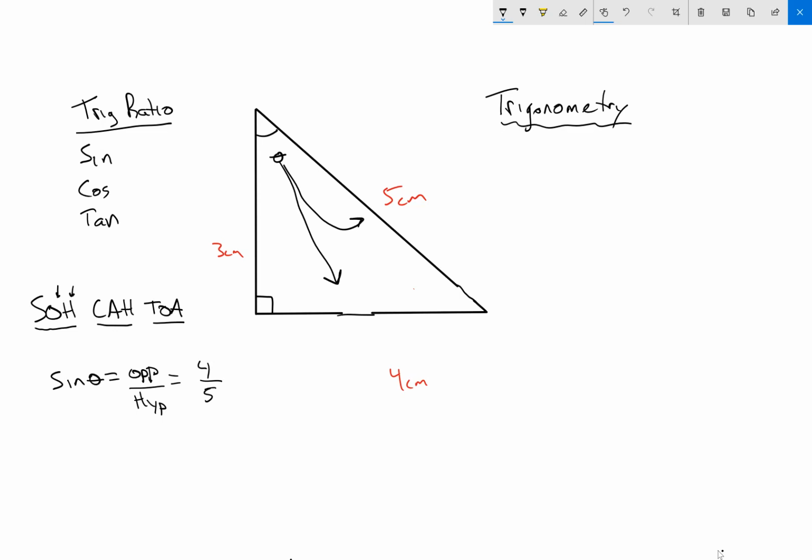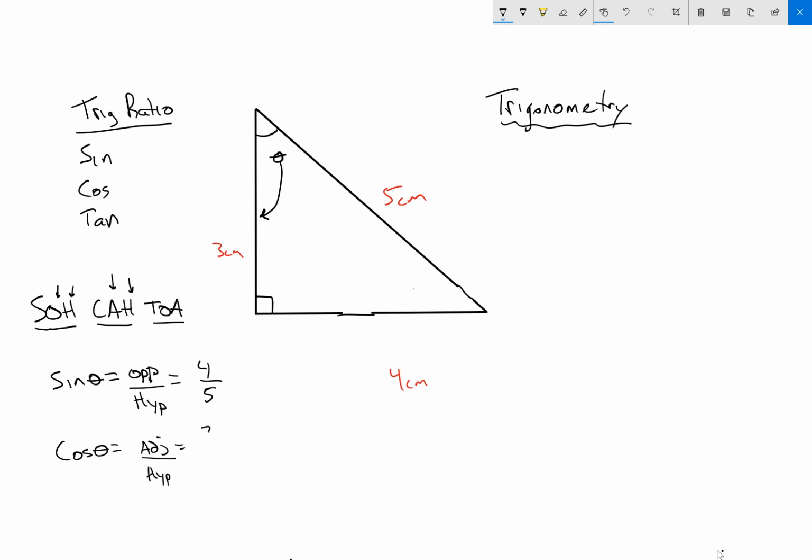The CA in this acronym is the cosine of theta. That's still my angle. The cosine of theta is now the A in CA standing for the adjacent side, which, remember, I'm looking at my angle, it's the side beside the angle, divided by the H in CA, which is the hypotenuse.